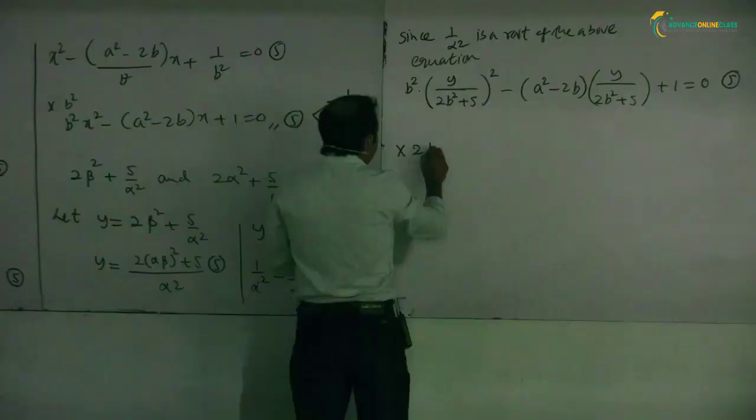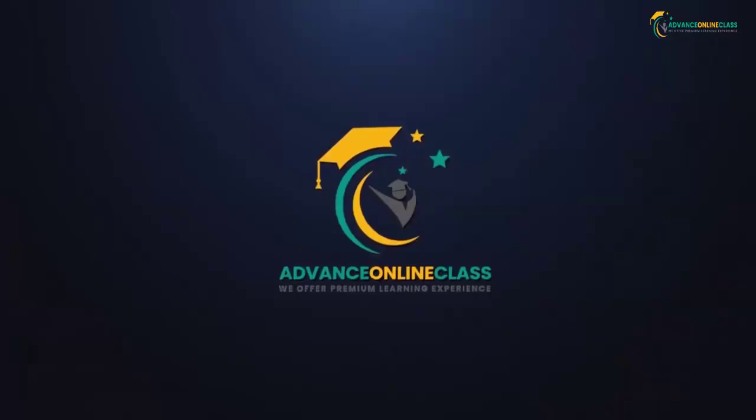And now we multiply this by 2b squared plus 5 perfect squared.